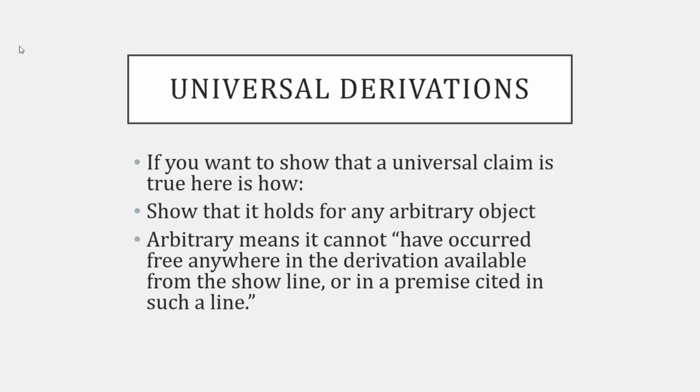We've fixed that information to that pseudoname, and so it's no longer arbitrary. We need to go from some fact about a free variable to a bound variable to a universally quantified sentence. We need it to be true regardless of anything that we know about it. We can't be relying on any prior information that we have about x. Otherwise, we can't infer that it holds for all x.